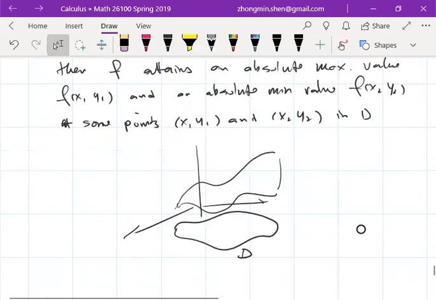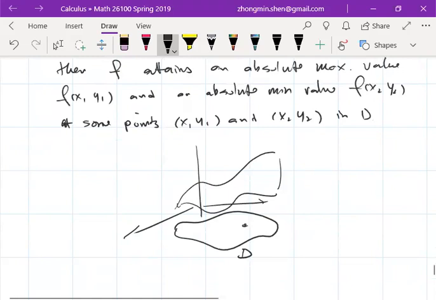If the point is inside the domain, then that point must be a critical point, and you have to look at the partial derivatives. If the point is on the boundary, then you have to look at the value of the function along the boundary. So it's more complicated than the function in one variable.